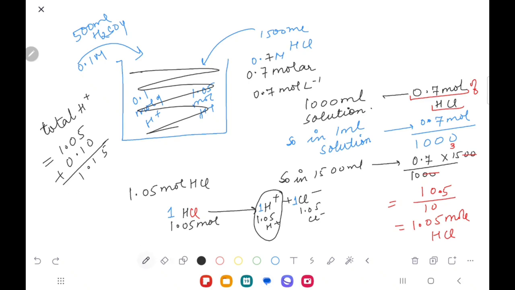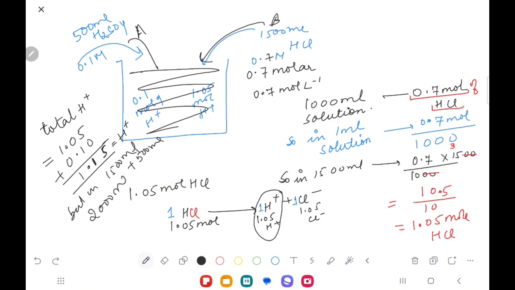If that is going to be 1.15, what would that be? I have these many total moles of H plus, but in how much liters? 1500 ml solution is coming from side B and 500 ml is coming from side A. So in 1500 plus 500 ml, that means in 2000 ml solution, yes or no?